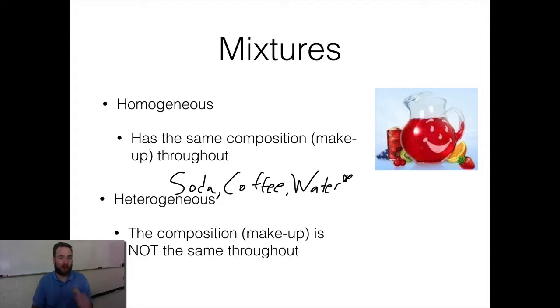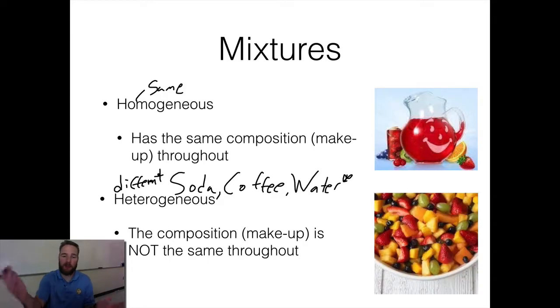The other one is called, excuse me, heterogeneous. And we see the root words on both these. Homo, the root word of this, is simply the same, and hetero means different. And we use these two terms in society today. So homo, same, hetero, different. And heterogeneous, we think of the composition and the makeup as not the same throughout.